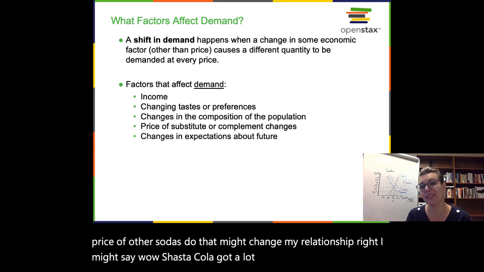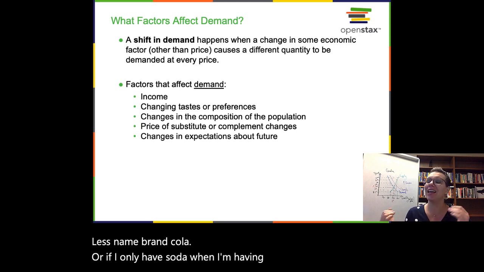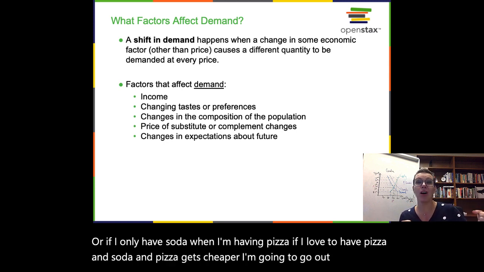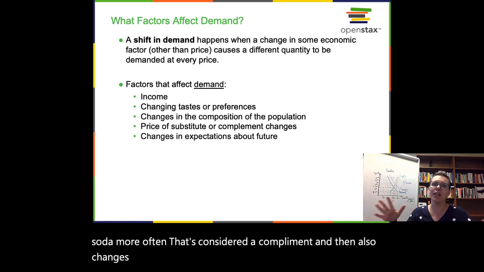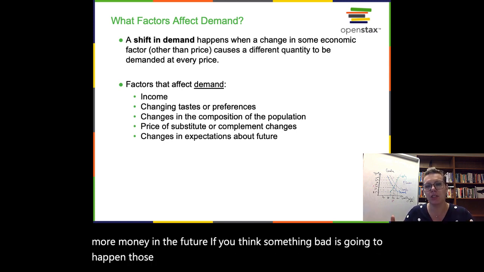I'm going to buy less name brand cola. Or if I only have soda when I'm having pizza, if I love to have pizza and soda and pizza gets cheaper, I'm going to go out for pizza and soda more often. That's considered a complement. And then also changes about expectations. If you think you're going to make more money in the future, if you think something bad is going to happen, those are going to shift demand too.